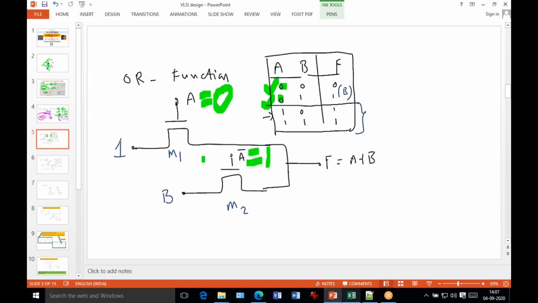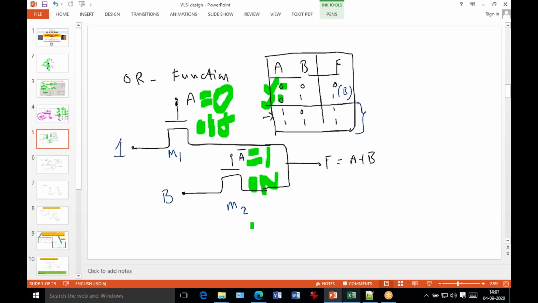Okay, so now just observe the condition of the transistor, maybe on or maybe off based on the gate voltage. So here in this case, if the input is 0, this transistor is off, and this is 1, this is on.